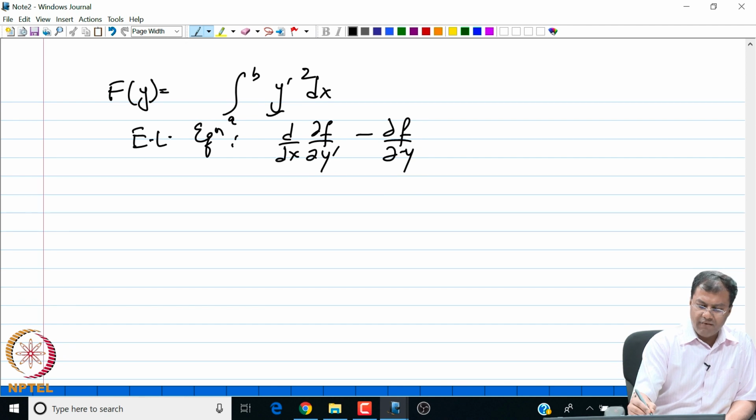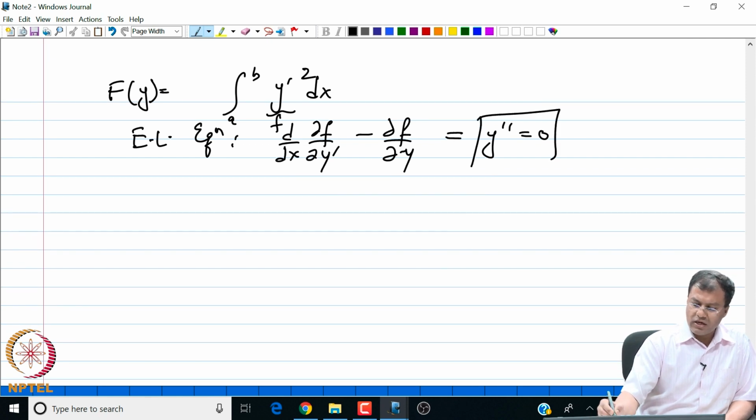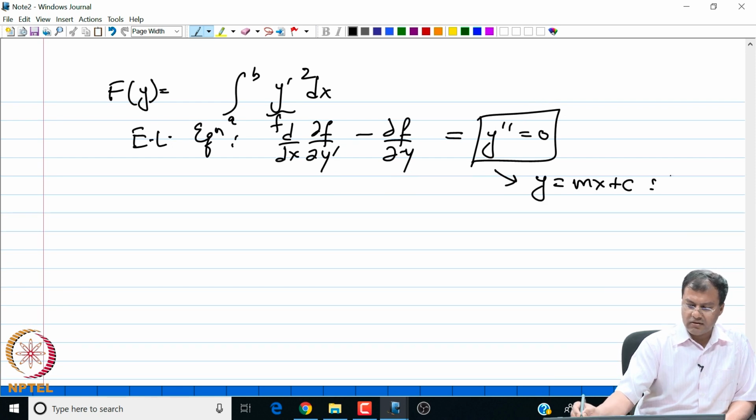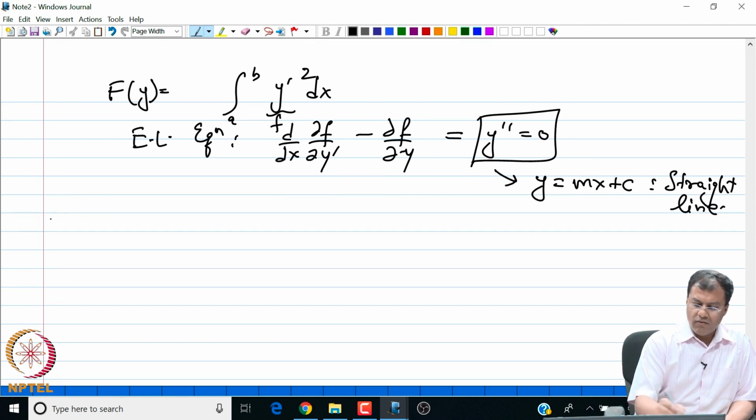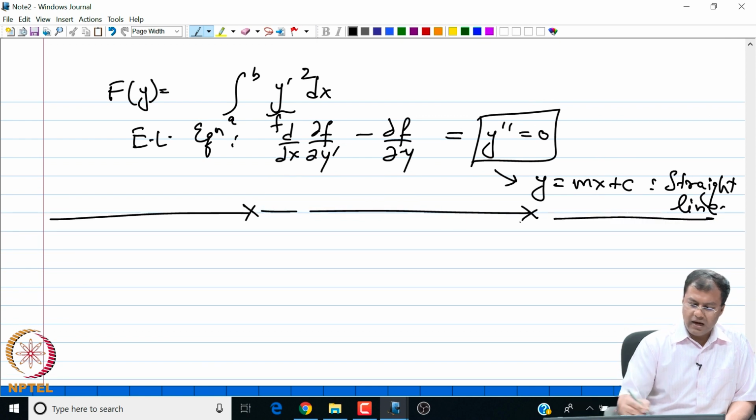When we plug in F, I get y double prime is equal to 0, and the solution to this gives y is equal to mx plus c, which is a straight line. So, the solution via Hamilton-Jacobi matches the solution via Euler-Lagrange.